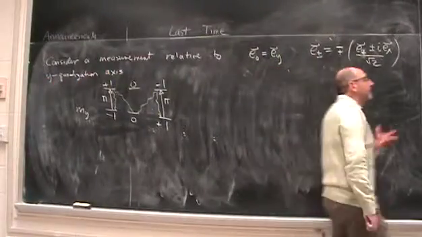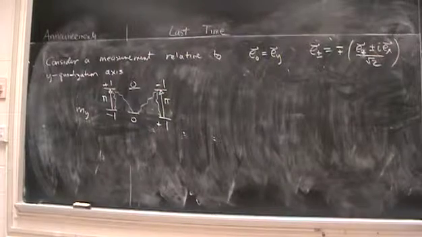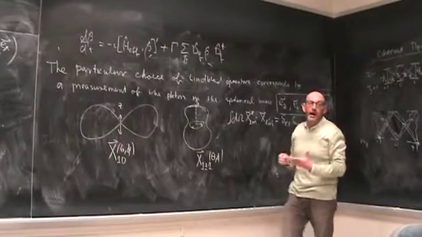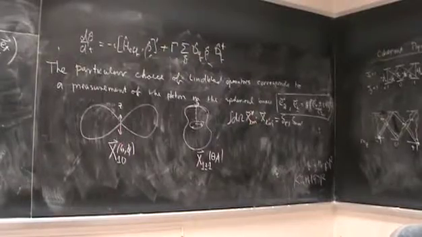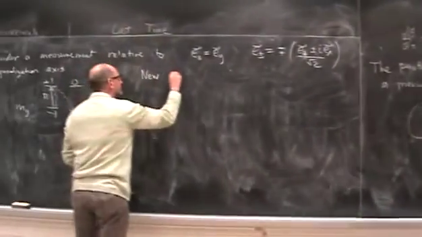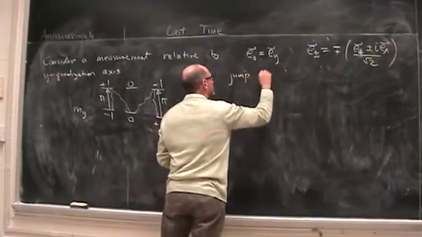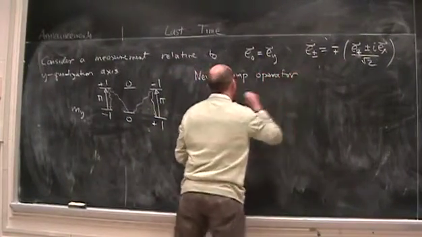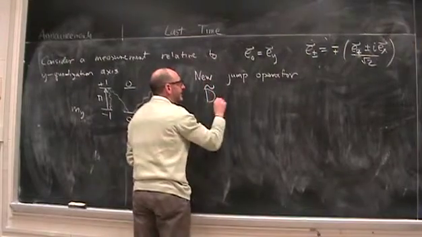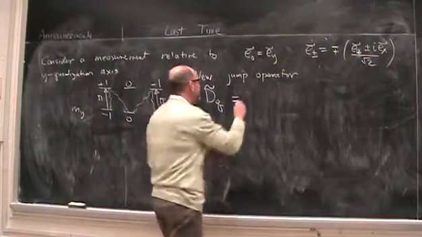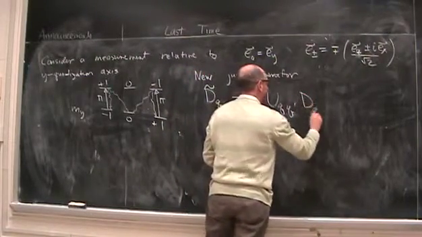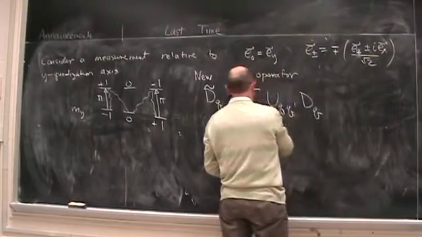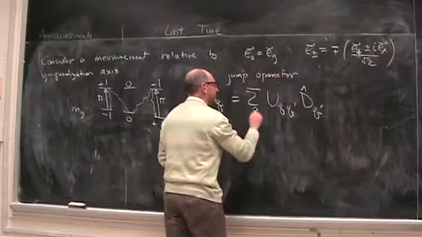Now, the master equation that describes this is the same master equation, but with a different set of jump operators. So if we could find new jump operators, I'll call them d tilde, which is a unitary rotation of the old ones.